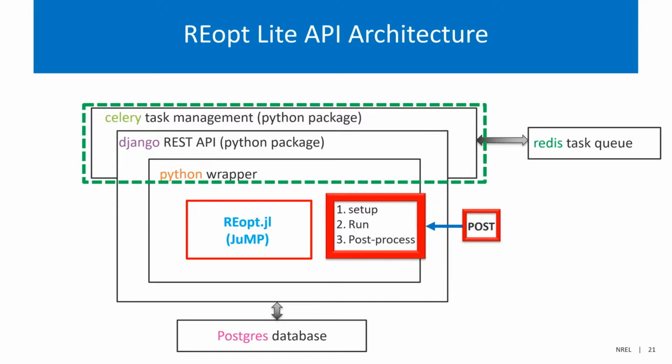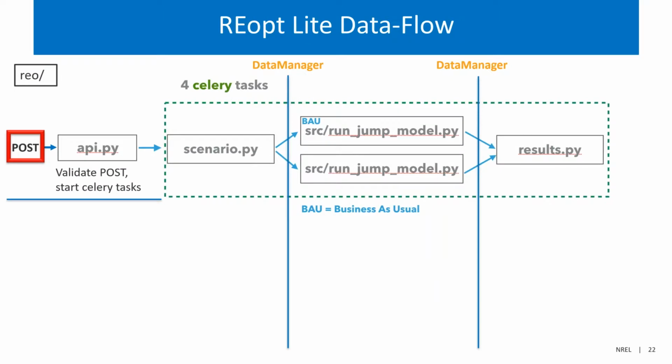And we'll see in this next slide, the green checked box overlays this process with the Celery task management. For most users and developers, the Celery piece isn't all that important. It's more of a production environment piece, which, as Sakshi mentioned, manages the computational resources. So the key thing here is this data flow throughout the REopt Lite API.